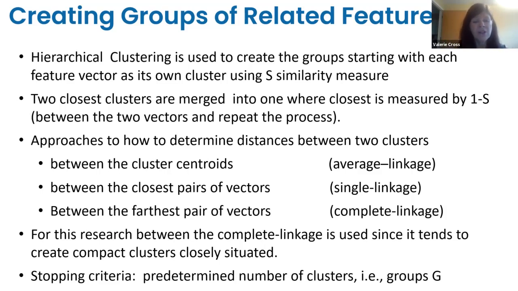And for the stopping criteria, we ran through different sets of parameter values for G. And in the initial experiment, we were trying to find what combinations of these parameters would give us the highest values for each of these ensemble performance measures.